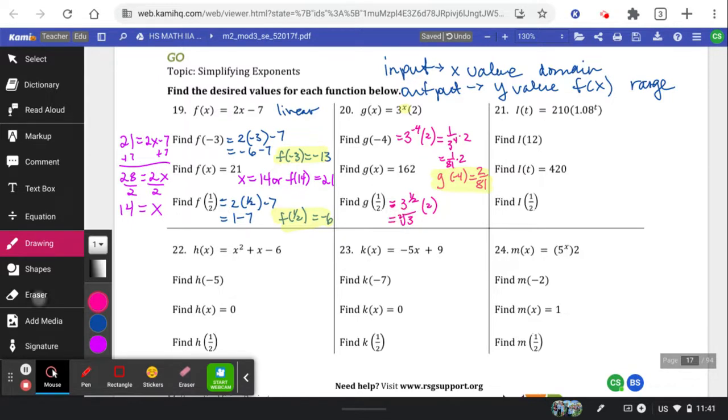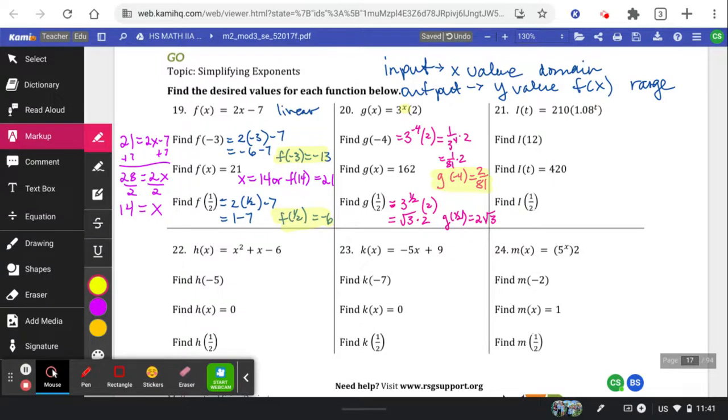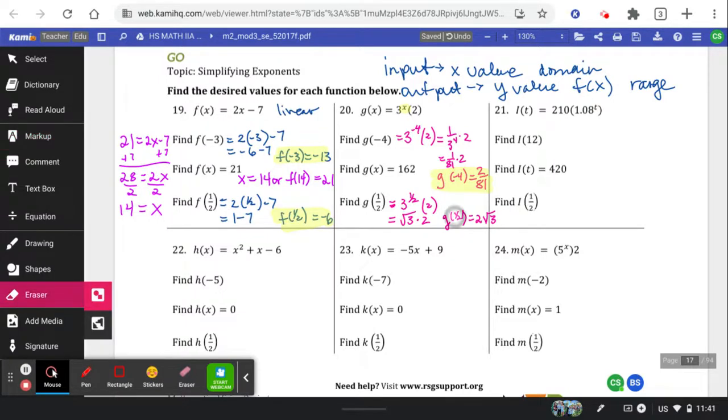So this is the square root of 3 times 2, or 2 square root of 3 if we reverse that answer. So we write g of 1/2 equals 2 square root of 3. If you got the decimal version of that one by plugging into Desmos, that's fine as well.